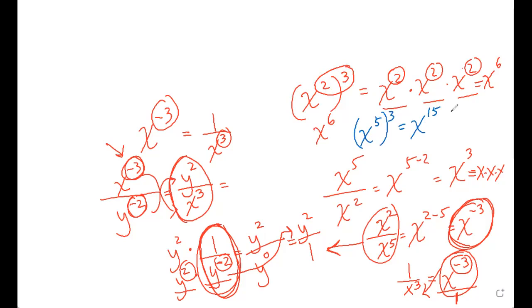And it's the same if you have x squared over y cubed, and you want to square this. You're going to multiply 2 times 2, get x to the 4th, and 2 times 3, get a y to the 6th. And that is the answer.